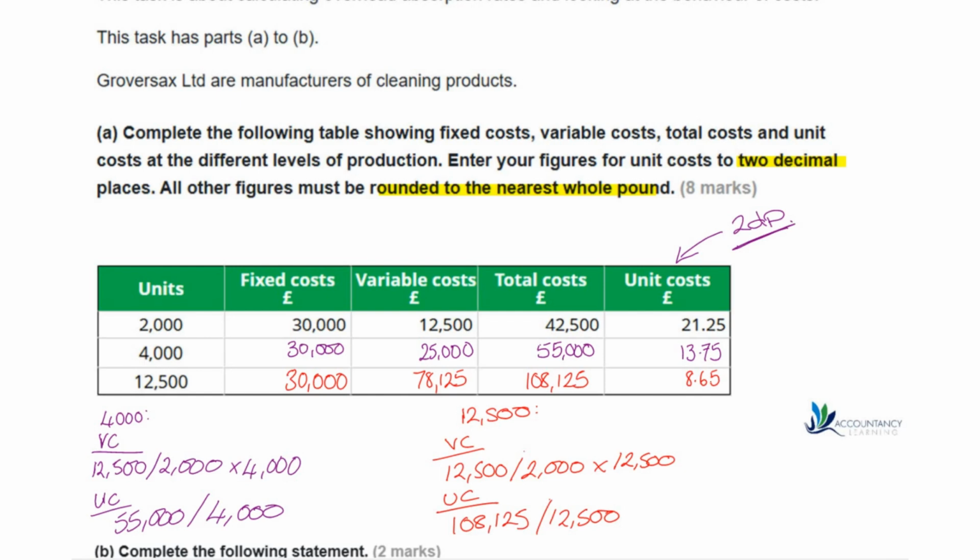So when you're looking at these questions, make sure you understand what the types of behaviours are. So your fixed will stay the same no matter how many things you make, but your total variable cost will change dependent on the level of production.